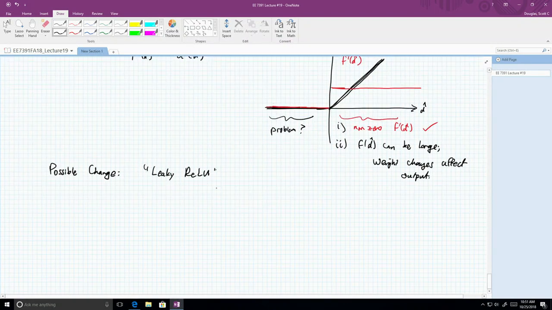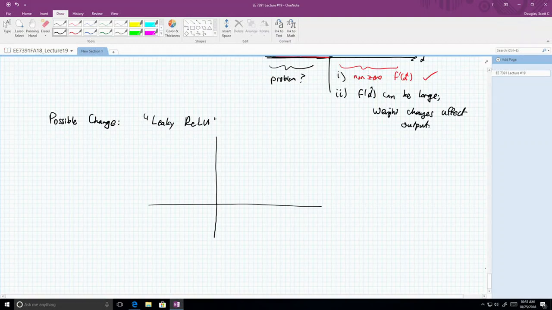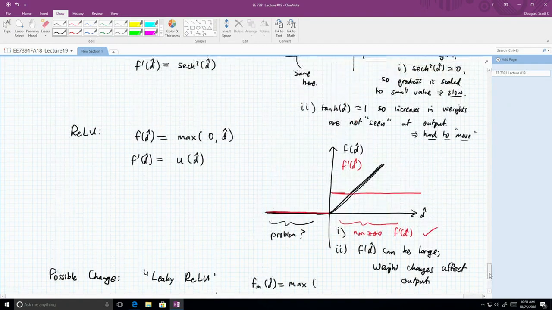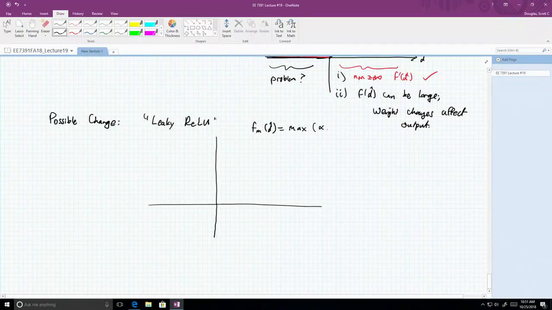The idea here is I have a function which isn't 0 when I'm less than 0. Basically, f of d hat is equal to the maximum of alpha d hat and d hat, where alpha is greater than 0, it has to be if it's going to actually exist, and less than 1.